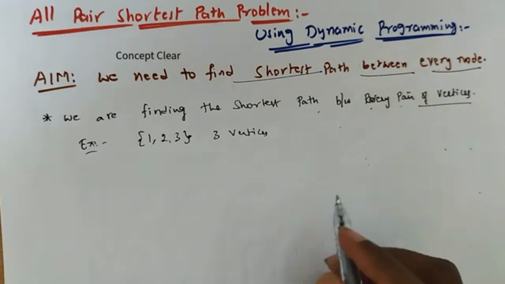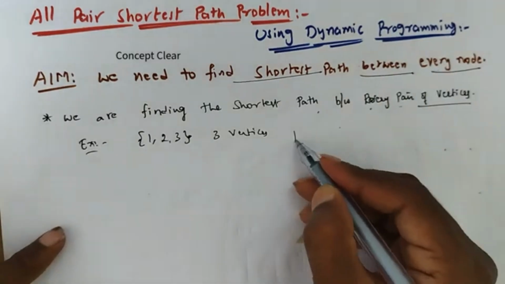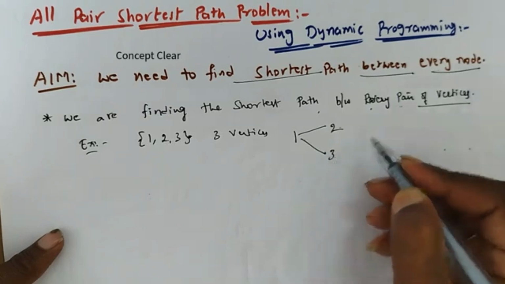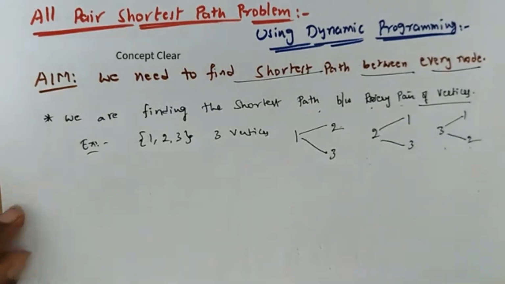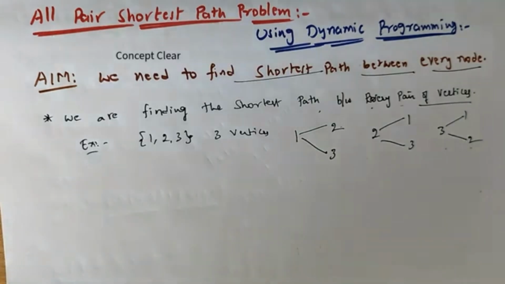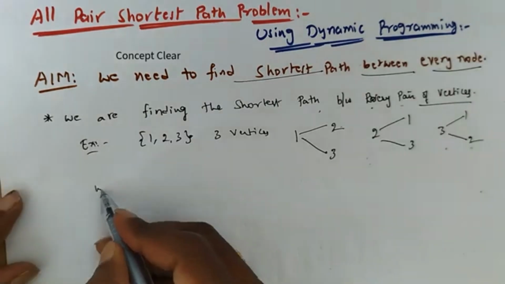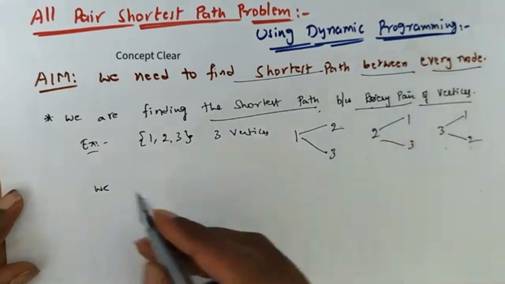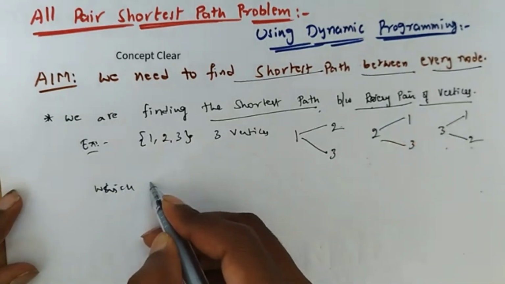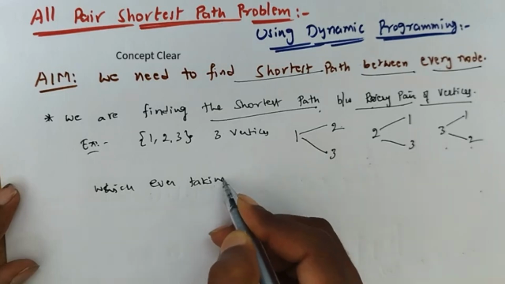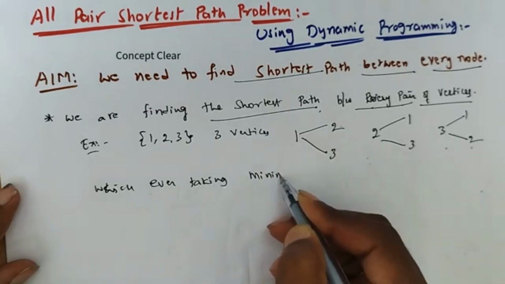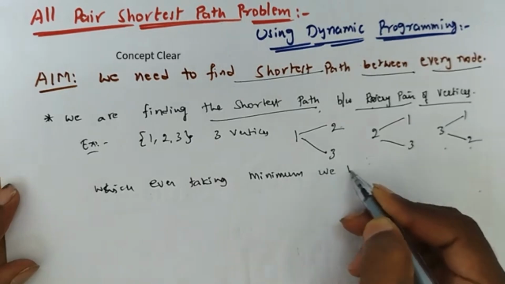We have to find the shortest path between 1,1; 1,2; 1,3; and 2,1; 2,2; 2,3; and 3,1; 3,2; 3,3. Here for every pair of vertices we are finding the shortest path, and whichever is minimum, we will take that.